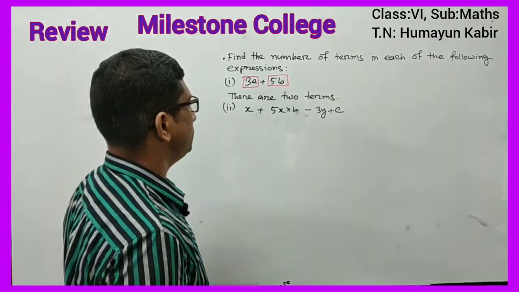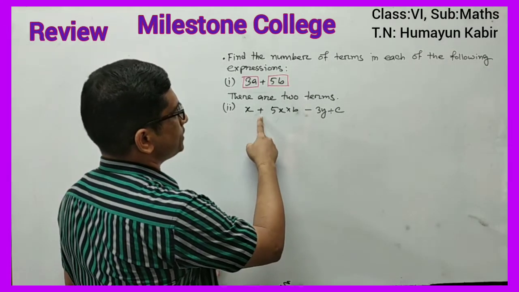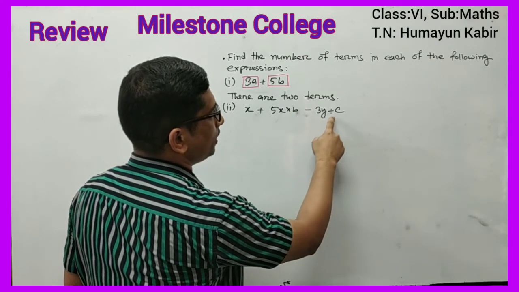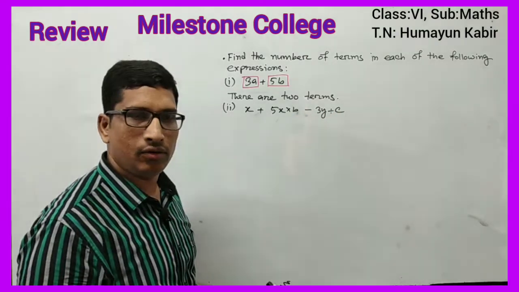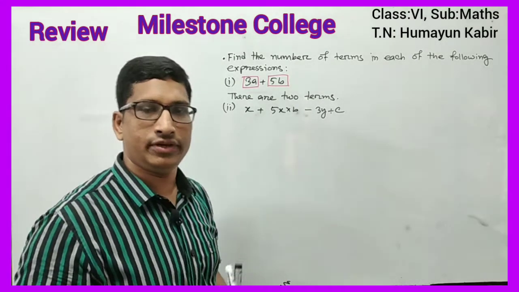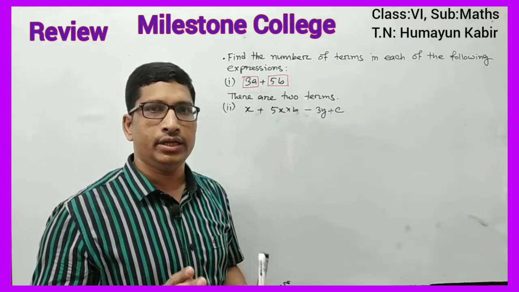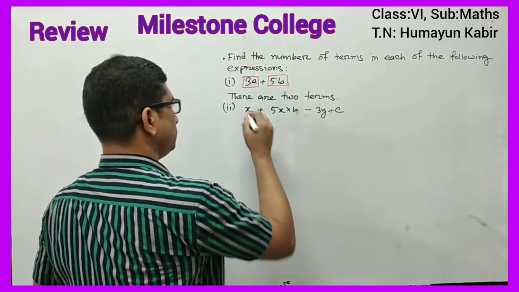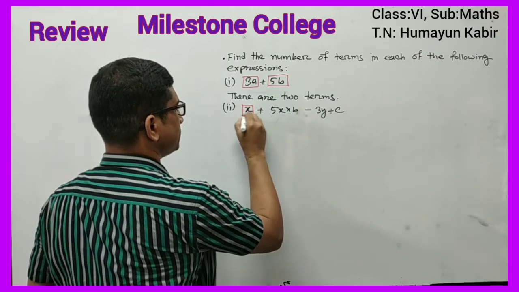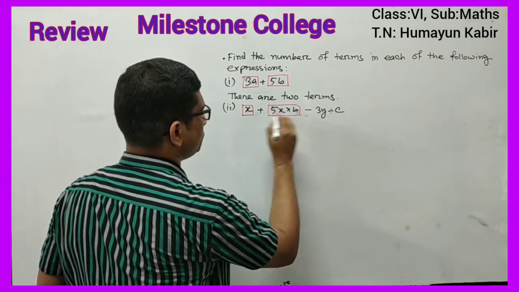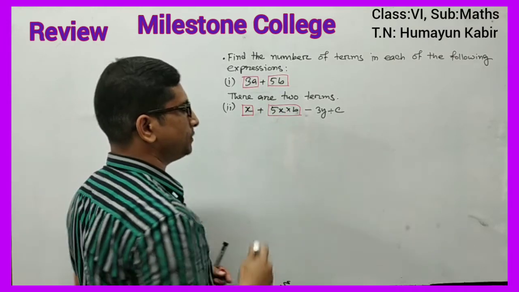Now number 2. Here x plus 5x multiply b minus 3y divided by c. Okay, so here how many terms? Here we know according to the definition terms are linked with plus and minus signs. So look at this x and this one linked with plus sign, 5x multiply b.